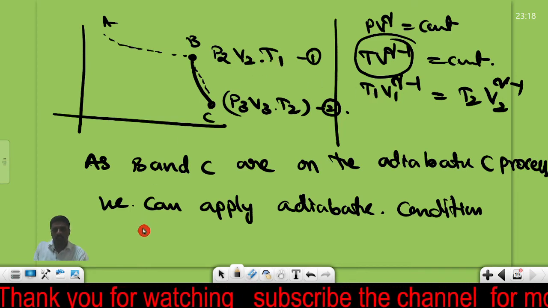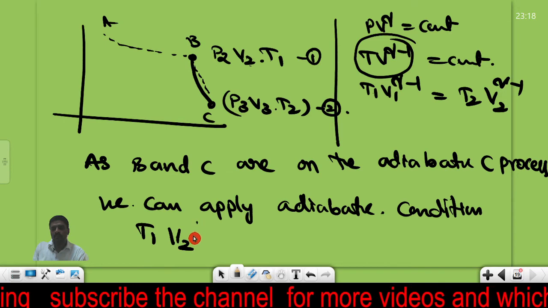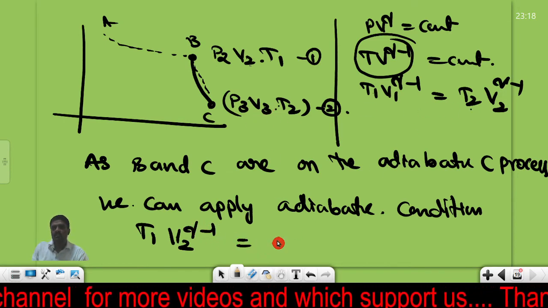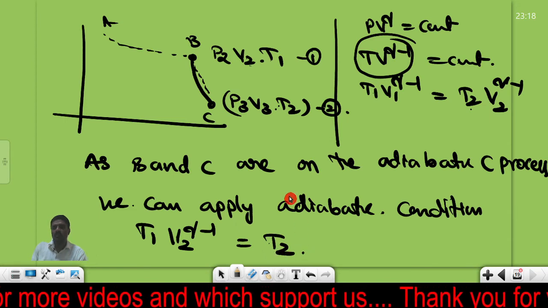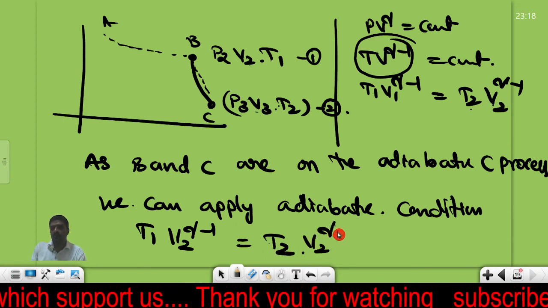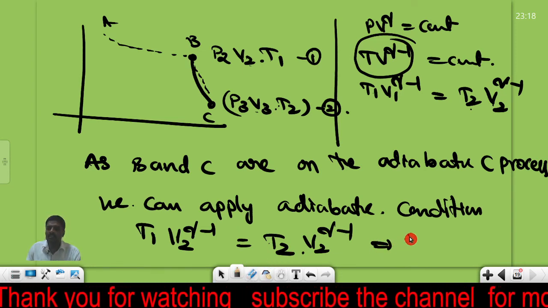If this one is T1, then V1 to the power gamma minus 1 is equal to T2 V2 to the power gamma minus 1, where T2 is the second final state and V2 the final volume. Now, from this equation, what will we get?